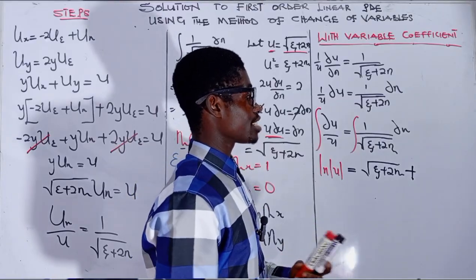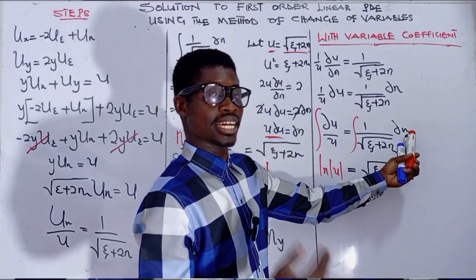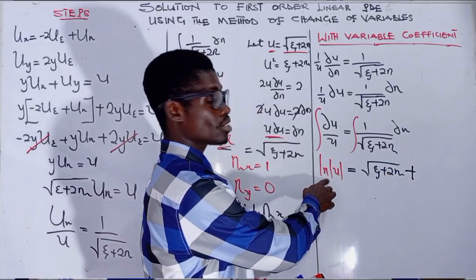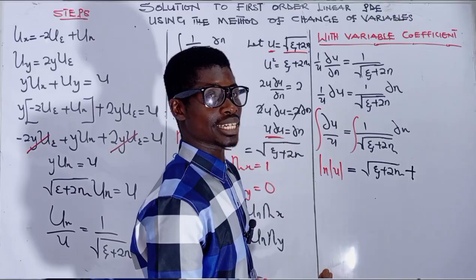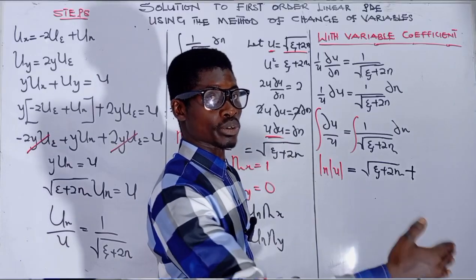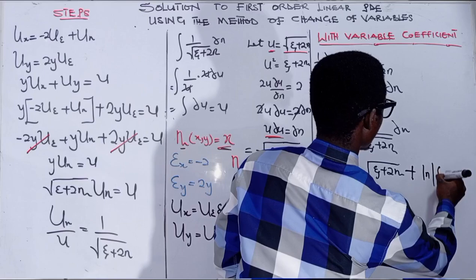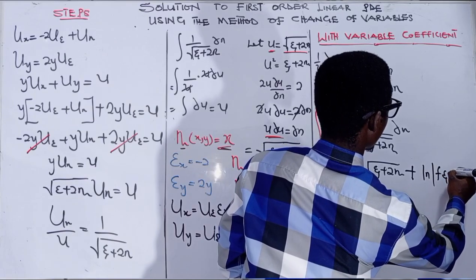Since we are integrating with respect to eta, any function of xi becomes a constant. But realize that we have a ln on u, so we can decide to take the ln on the constant as well. So we have ln of a function of xi.